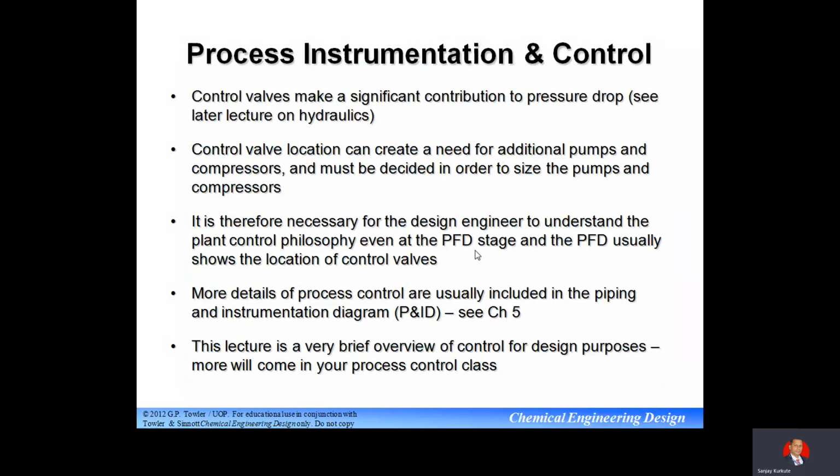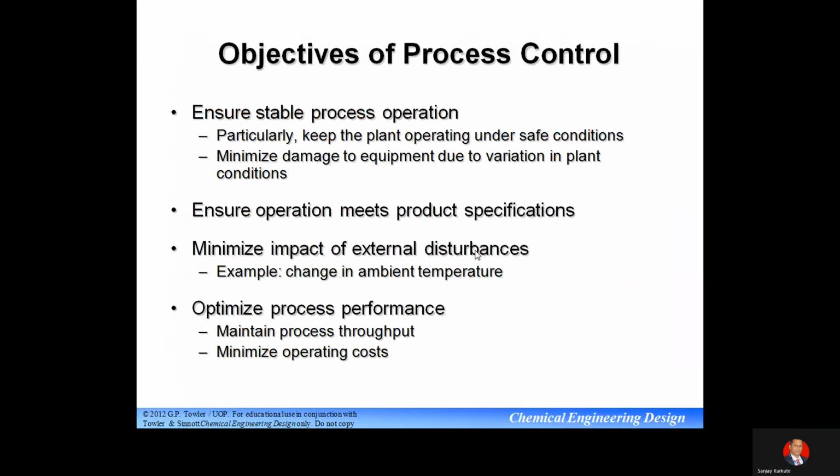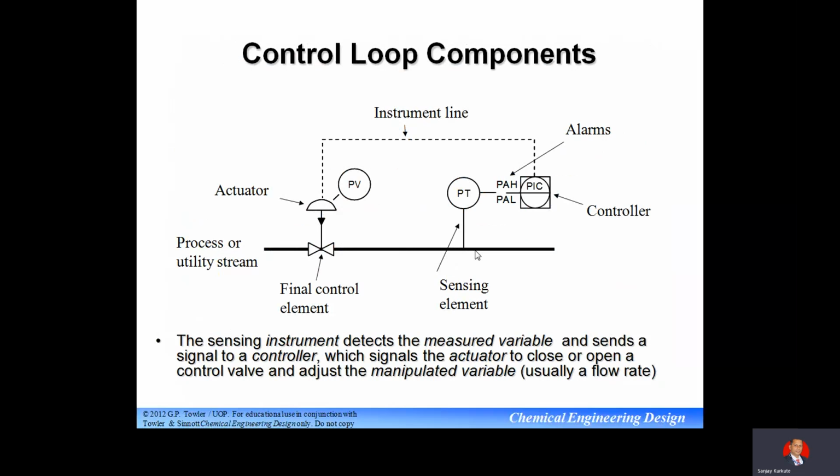Then if you see the location and total instrumentation system, you will find that the process control system requires stable process operation, product specification, disturbances, and process performance, all to be considered while designing the system. So let us see the system first, control components.